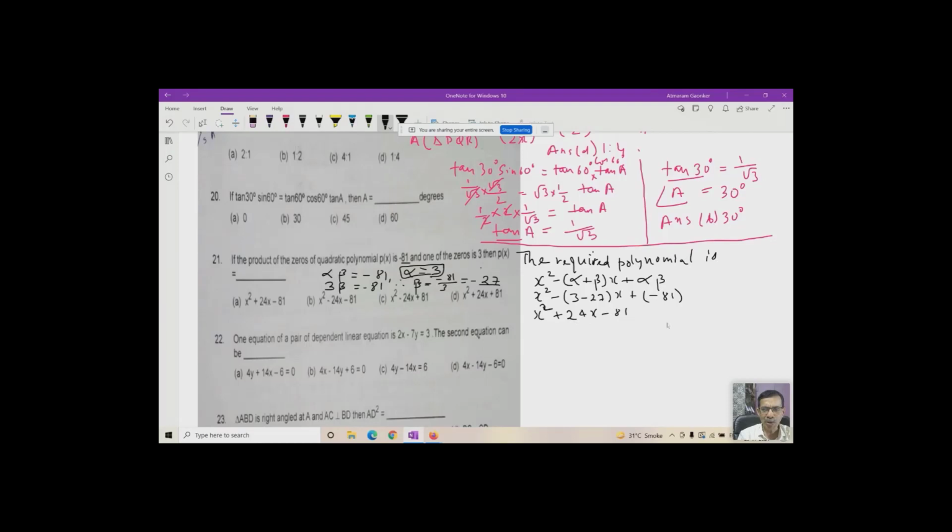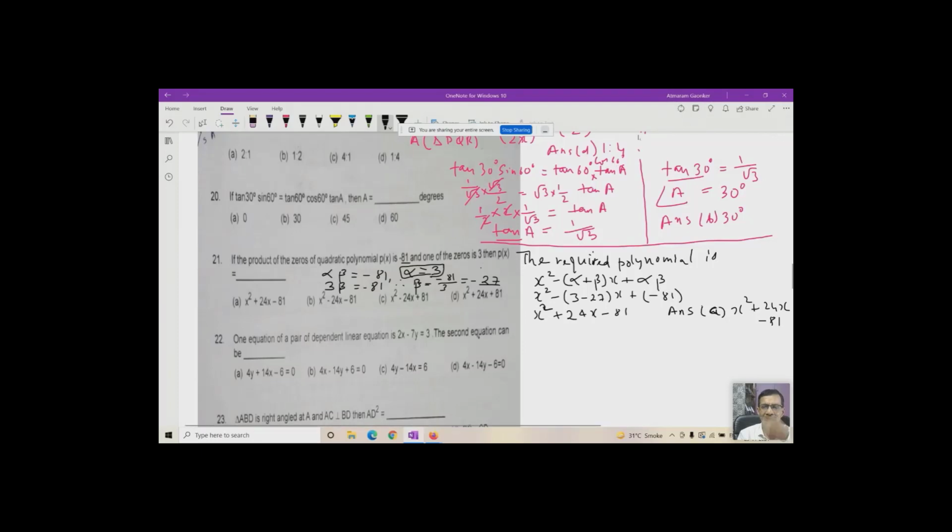So the correct option, x square plus 24x minus 81, is A. Those who typed A are correct and B is wrong.